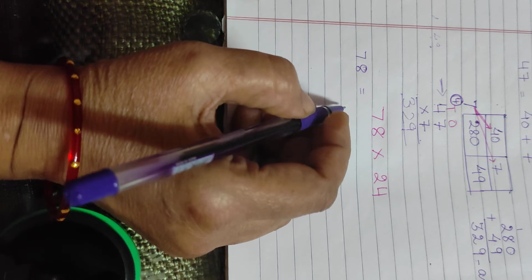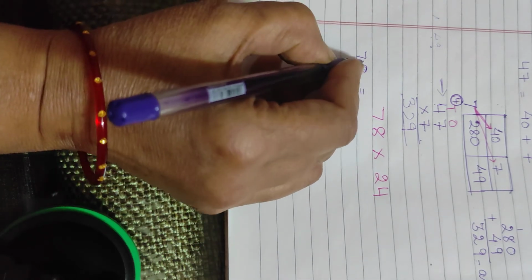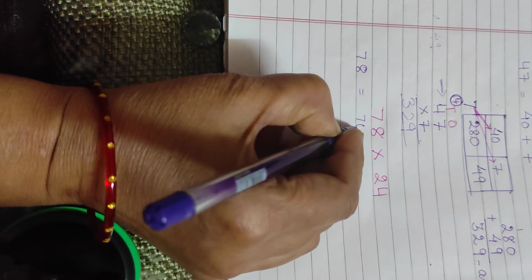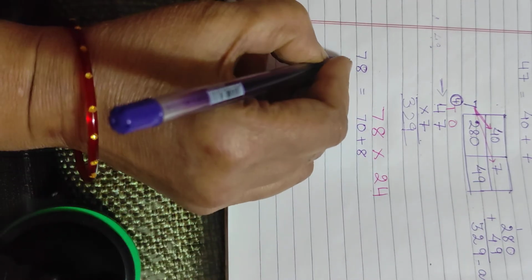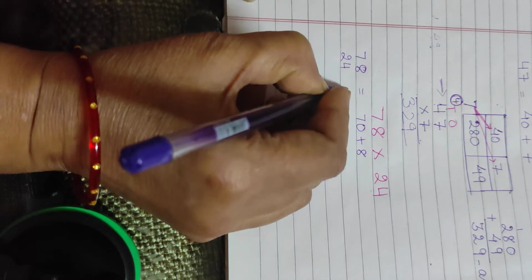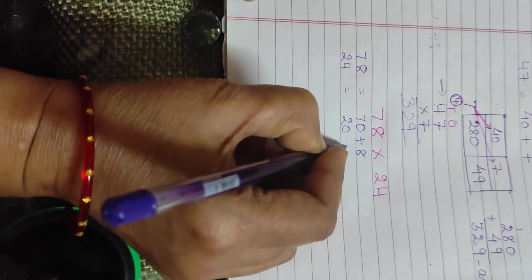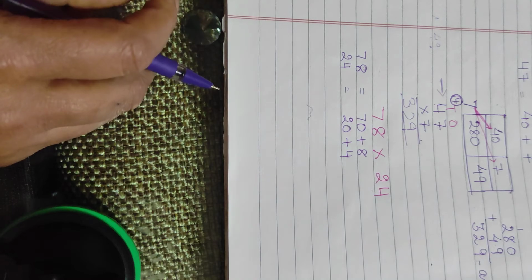What will be the expanded form? 7 tens or 70 plus 8. And the expanded form of 24 is 20 plus 4.